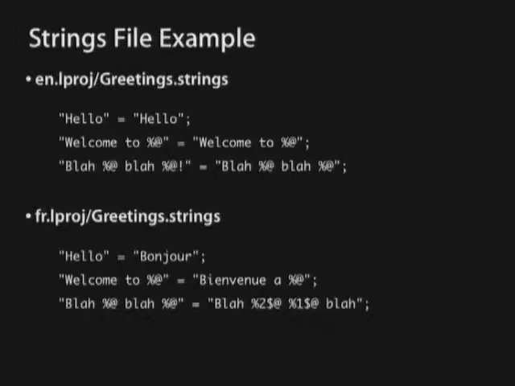And then in French, in the strings file, you typically take your English strings file and hand it off to your helpful coworker who speaks French, and they fill in the correct values on the right side. So hello gets translated, bienvenue, and it still has the format argument in there. Let's say that for some reason in this language, those two arguments need to be in the reverse order.